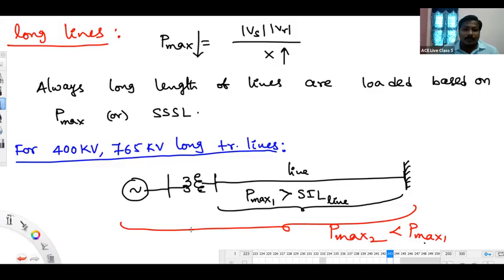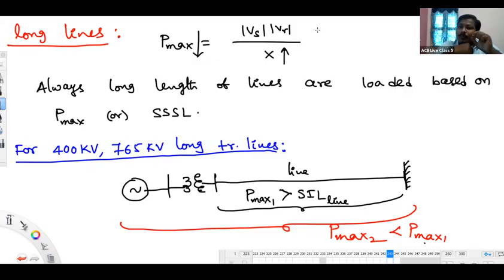Yes or no? Yes. So while you are keeping loading on this whole system based on the P maximum 2 value, loading on the transmission line might come less than its SIL.